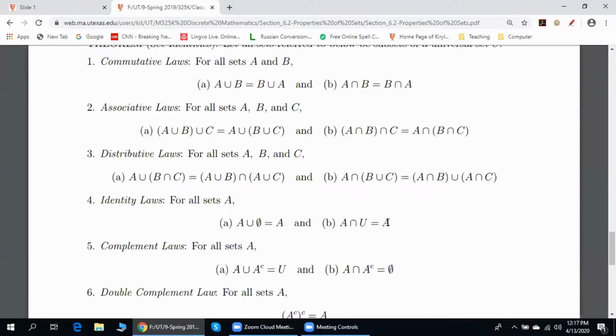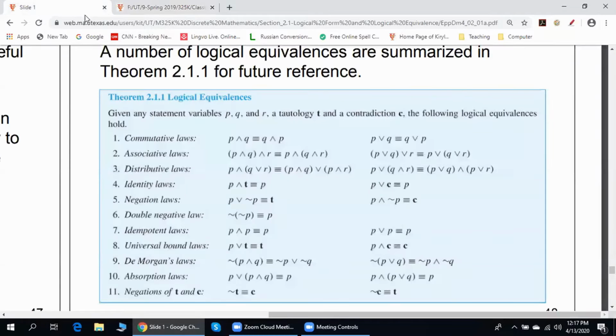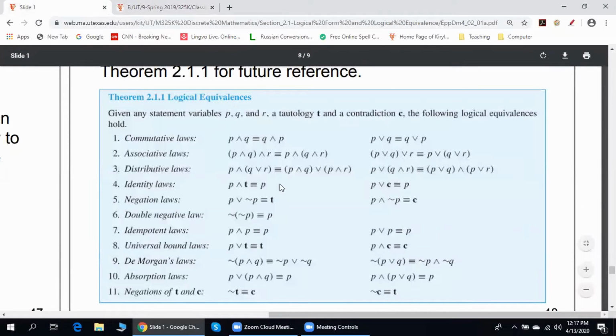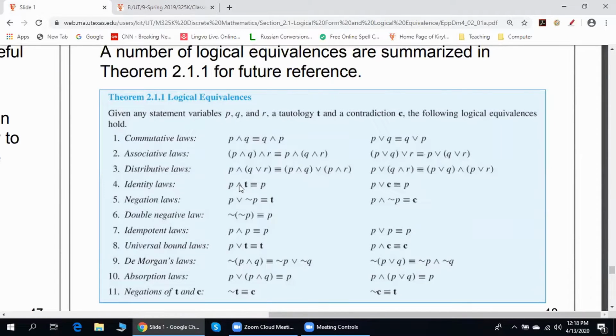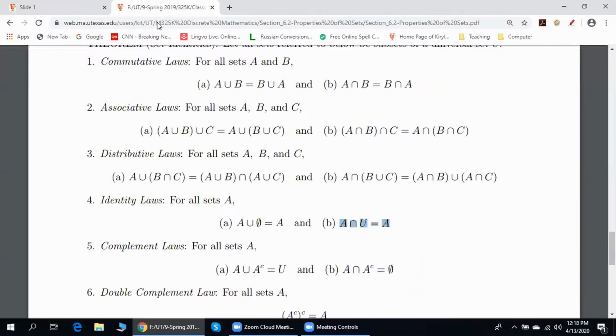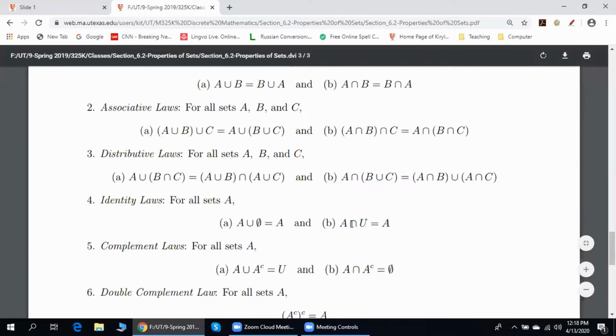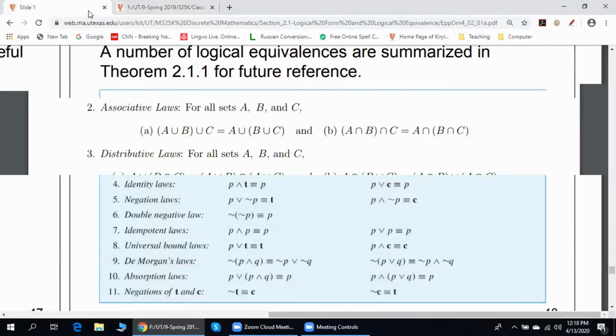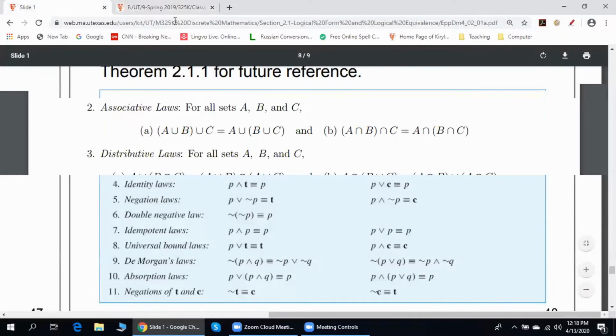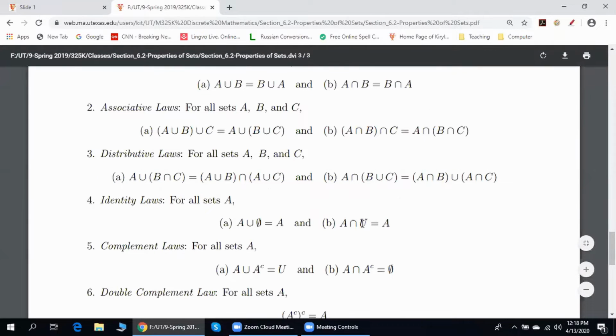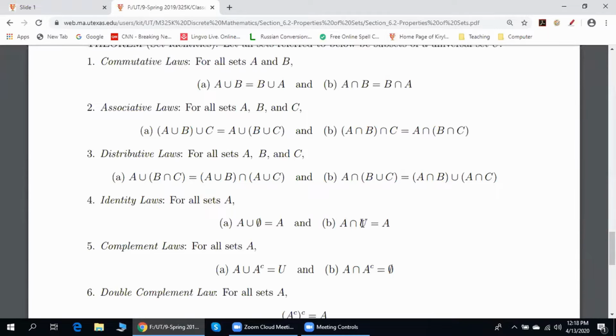So it looks like if you compare this and this, a logical AND plays a role of intersection, tautology plays a role of the universal set.